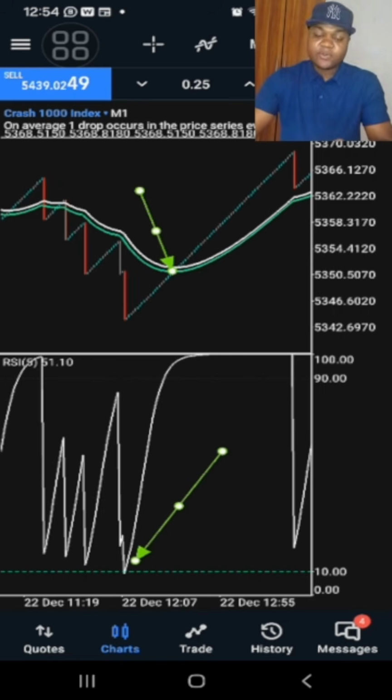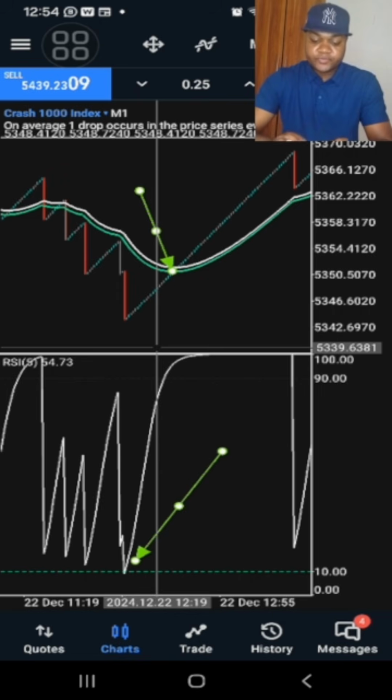When it comes to take profit, you're only going to take at least 10 to 20 candles. In Crash 1000, Crash 900, Boom and Crash 900, and Boom and Crash 1000, you're in a position to take at least 20 candles because the spikes don't happen that often. But in the other assets, for example 600, 500, and 300, Boom and Crash 300, 500, and 600, you can take at least 10 candles.